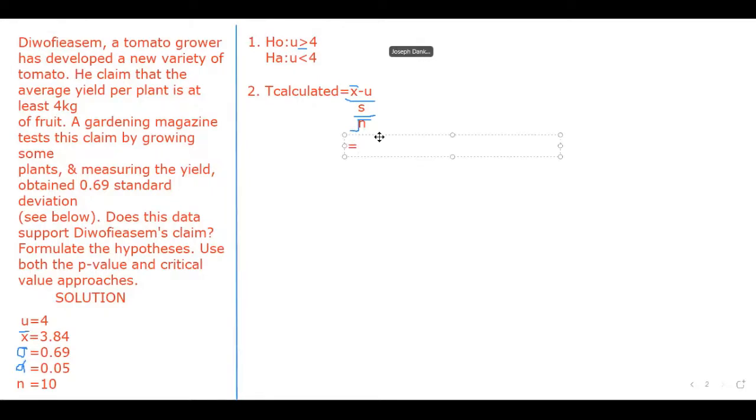Okay, so the sample mean is 3.84 minus 4, all over 0.69, all over the square root of 10.